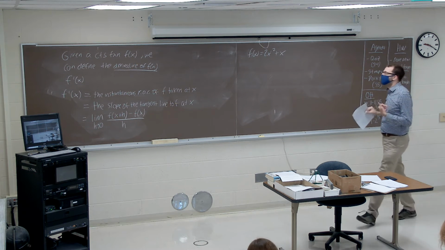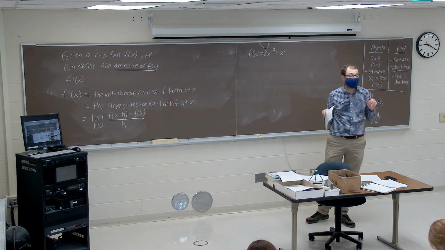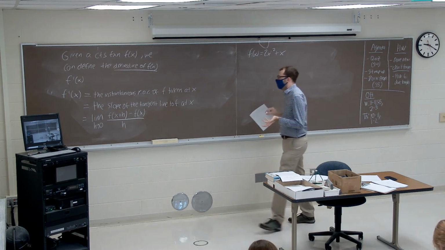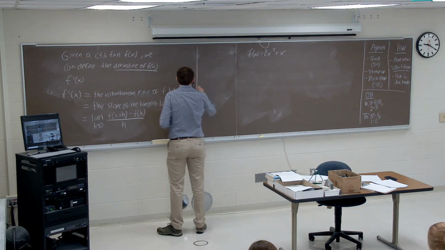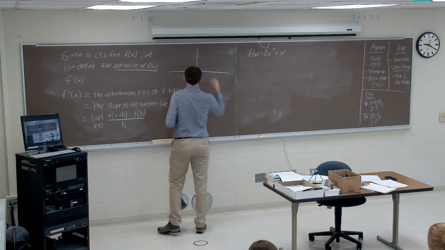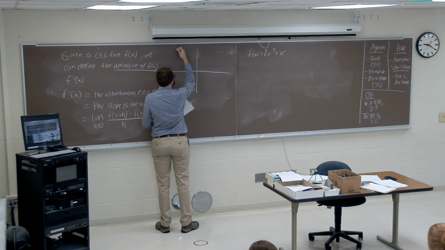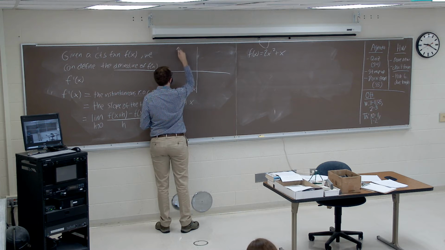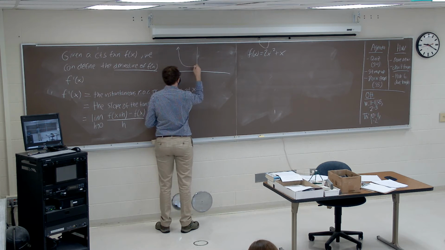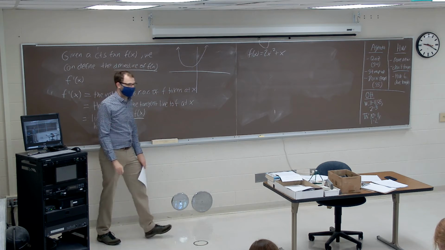Instead, I want to find a general formula, an f prime of x formula, that we can plug in whatever number we want for x, and will give us a corresponding output. So here, we'll take a little look at our graph of f of x, which is going to be a parabola opening upwards. It's going to look something like that.